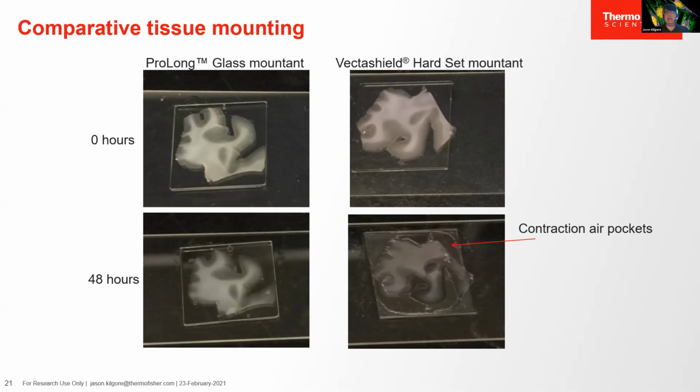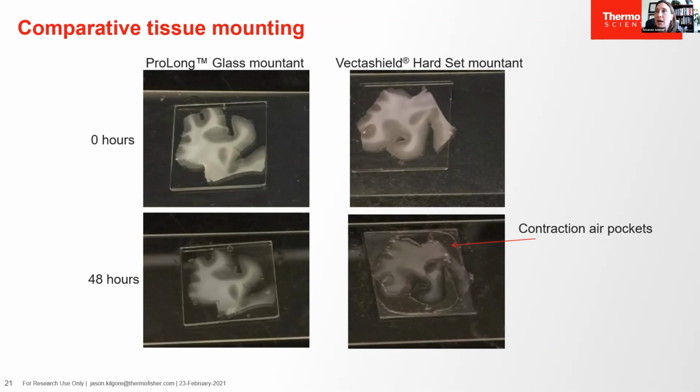Cell tracking dyes like CellTracker Green and CellTracker Blue, we sell the CellTracker, diffuse into the cell and bind to proteins covalently and are retained long term. So you can image days later, and we haven't seen any significant toxicity issues. So in those cases, yes, you can label ahead of time and then later image with the Prolong Live, for instance. There's also lipophilic carbocyanine dyes like DiC18 and DiO that are membrane-based in terms of their binding and can be retained up to a day or two. Okay, we have two more quick questions.